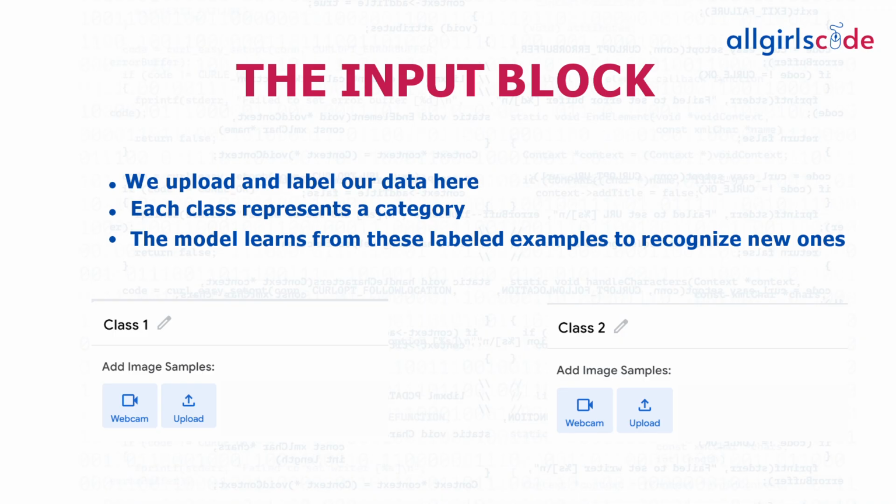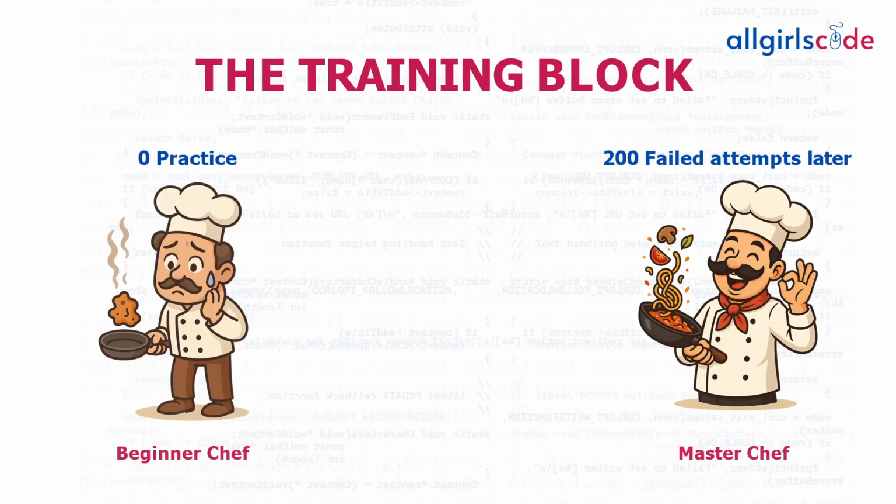Each class is a category, like pizza or sushi. The model studies the examples in each class so it can spot the difference later. Training is like a chef practicing, making mistakes at first, then improving with each attempt until the dish comes out perfect.